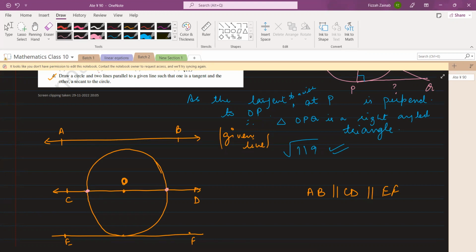And a secant is a line which actually passes through the circle. Understand? So the diameter, you can say, is a part of a secant if it is passing through the center. Hamna, is that clear?